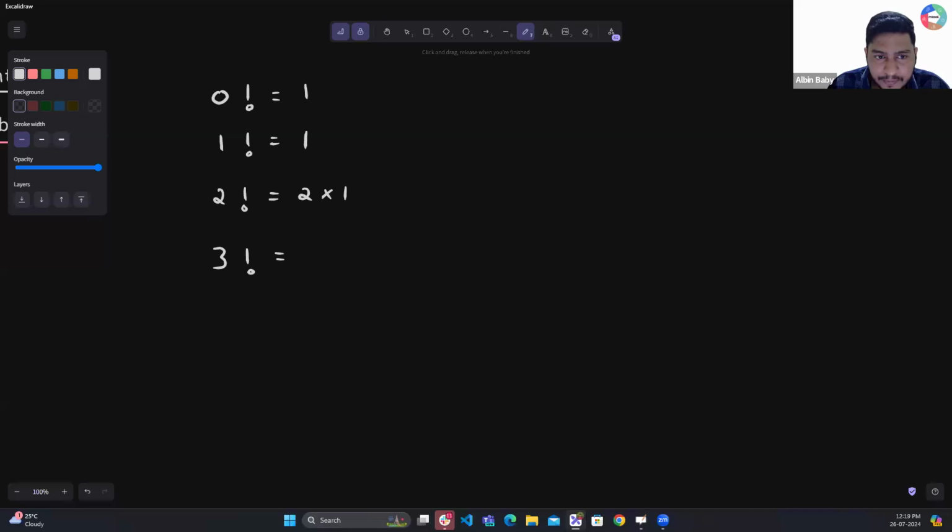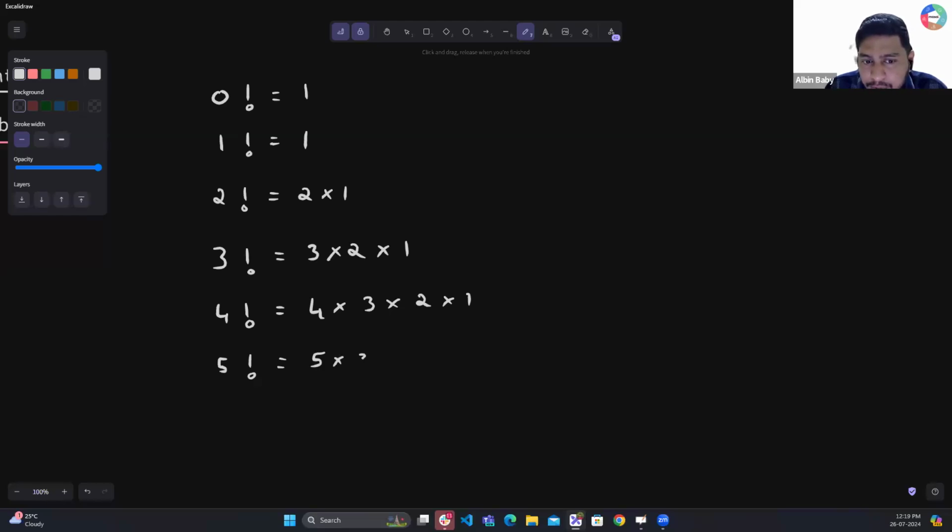That is 3 into 2 into 1. 4 factorial is 4 into 3 into 2 into 1. What will be 5 factorial? 5 into 4 into 3 into 2 into 1.